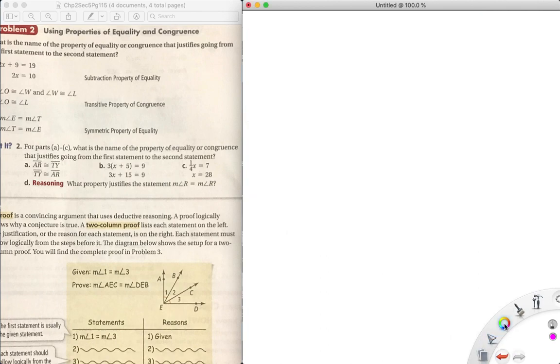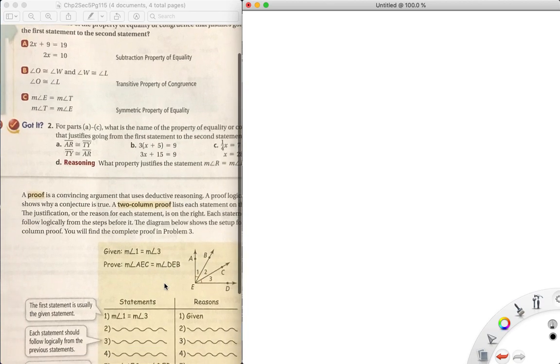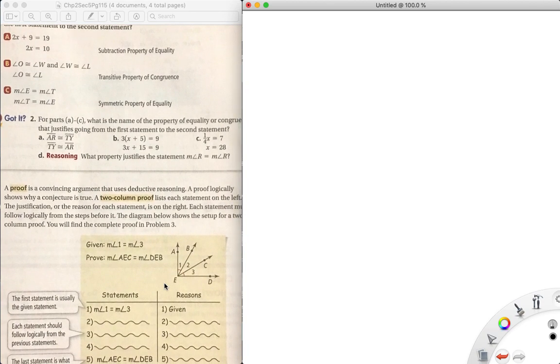We're going to use all of these properties and all of these rules in order to justify our proofs. So we finally get to write a proof. And according to the book, a proof is a convincing argument that uses deductive reasoning.